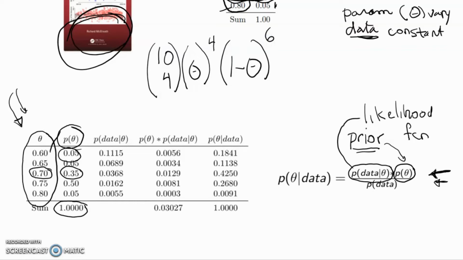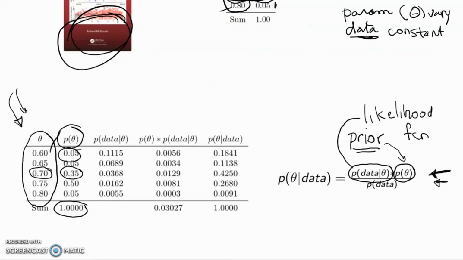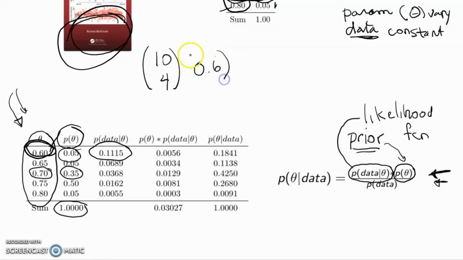So if we want to use a specific case, let's see, if we want to think about this one right here, you'd have 10 choose 4, this value here is 0.6 raised to the 4, times 0.4 raised to the 6. And that would give us 0.1115.